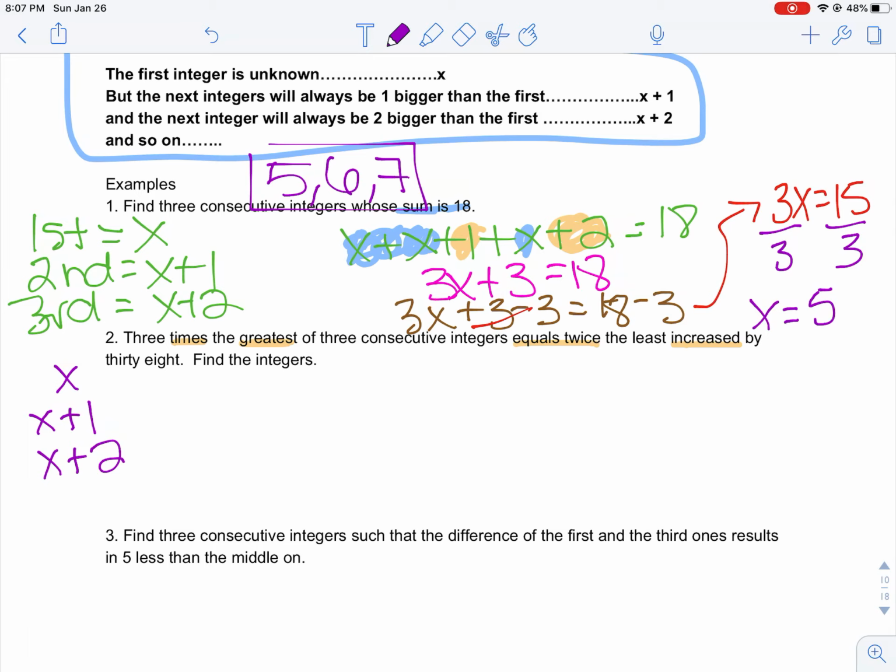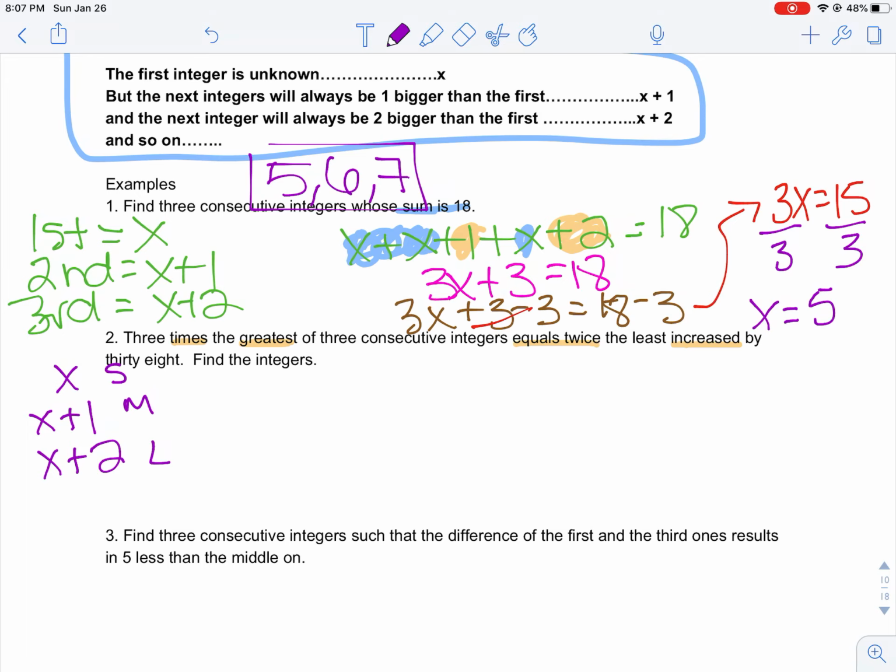Now in this scenario, they're talking about the greatest and the least. So if you think about this, the first one's always going to be the smallest. Like in that previous example, 5 was x, it was the smallest number. So if it helps you to say small, medium, large, you can do that as well.